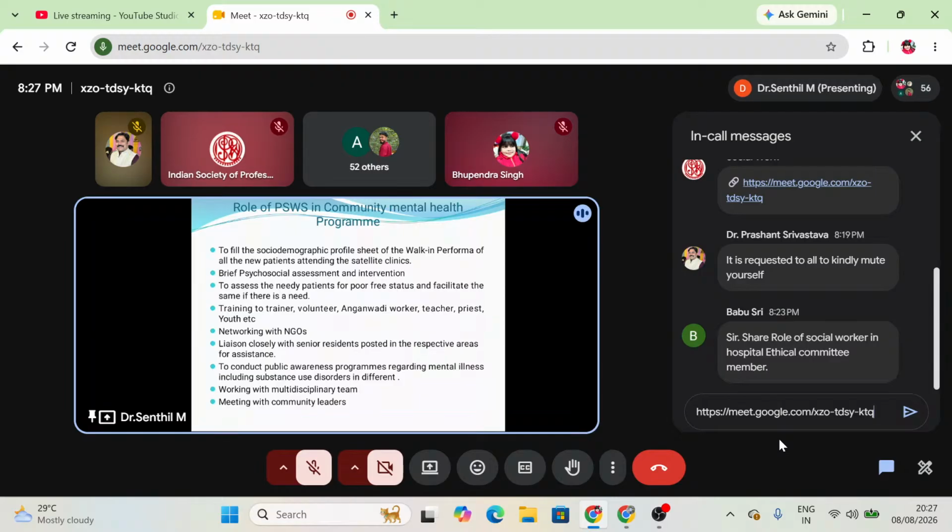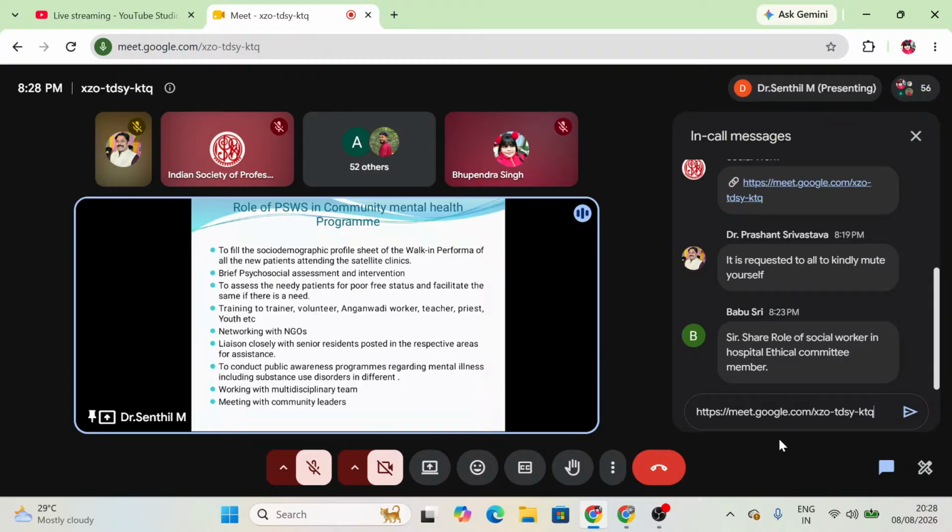We can also work with a lot of stakeholders, for example, self-help group members, village leaders, and youth volunteers. We can give some kind of training on how to identify a person with a mental health problem, for example, a common mental disorder or a severe mental disorder, which we are doing.